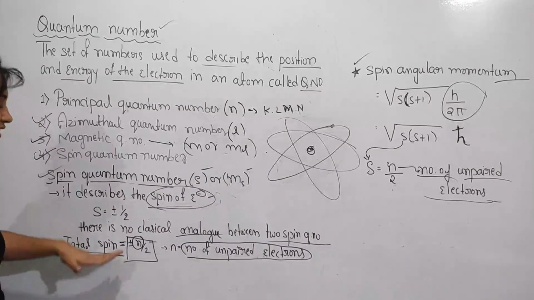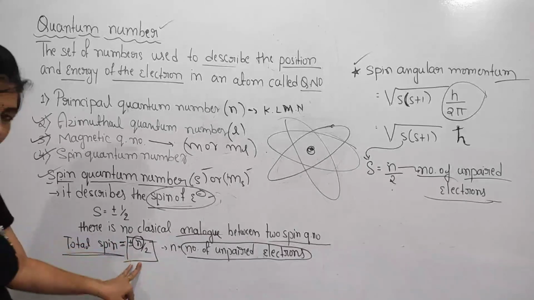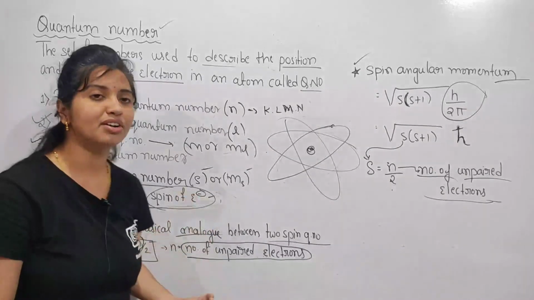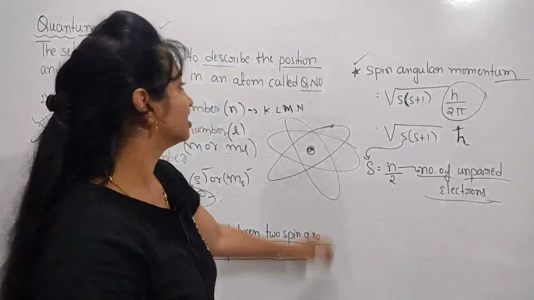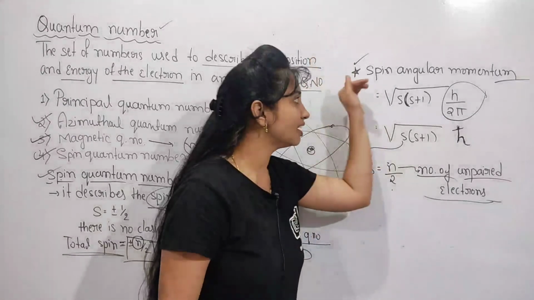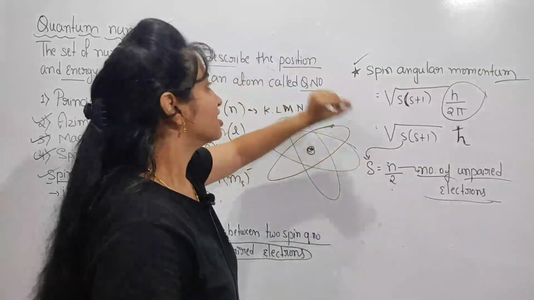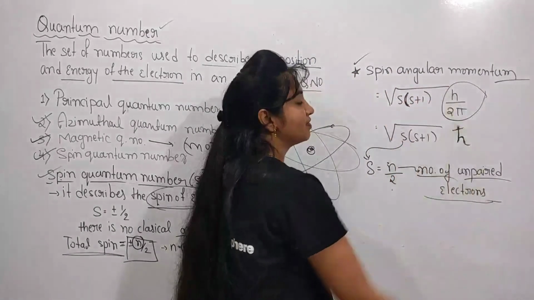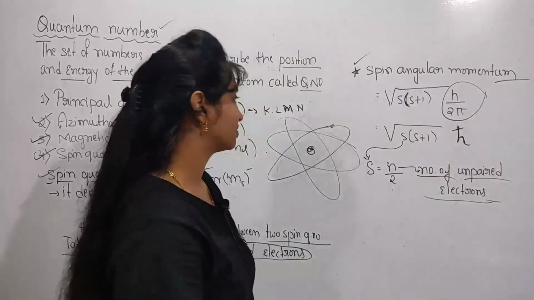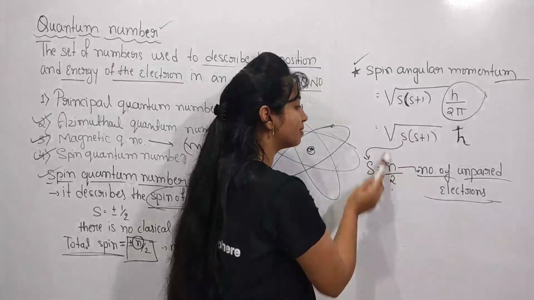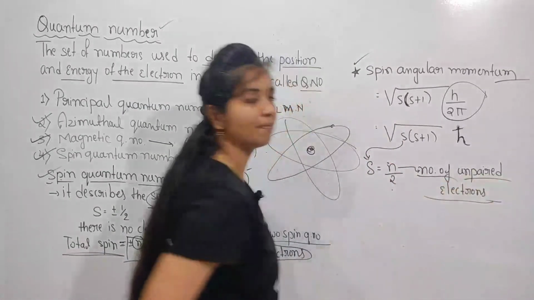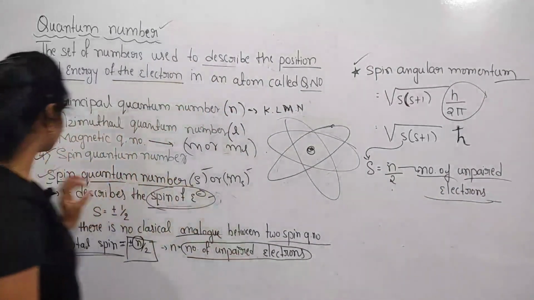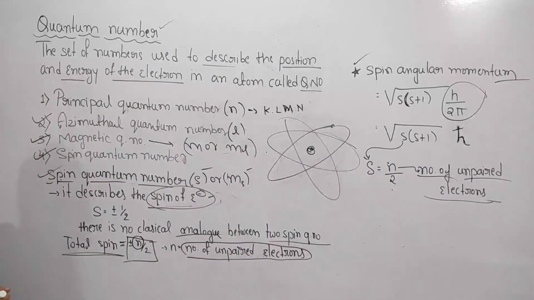The total spin is plus or minus n by 2, where n is the number of unpaired electrons, and the spin quantum number also tells about the spin angular momentum. The formula is the square root of s into s plus 1, times h divided by 2 pi, where s is n by 2 and n is the number of unpaired electrons. So this is all about the spin quantum number.